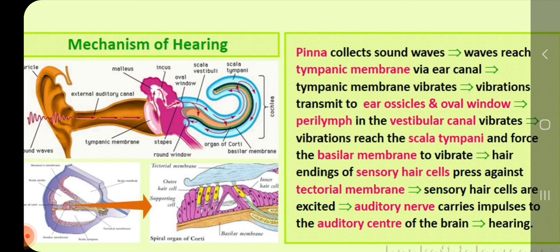These impulses are transmitted from the afferent nerve fibers to the auditory nerves, mainly to the auditory cortex of the brain. The auditory cortex receives the impulse and analyzes it, and then the sound is recognized. So this is with respect to the mechanism of hearing. Thank you, students.